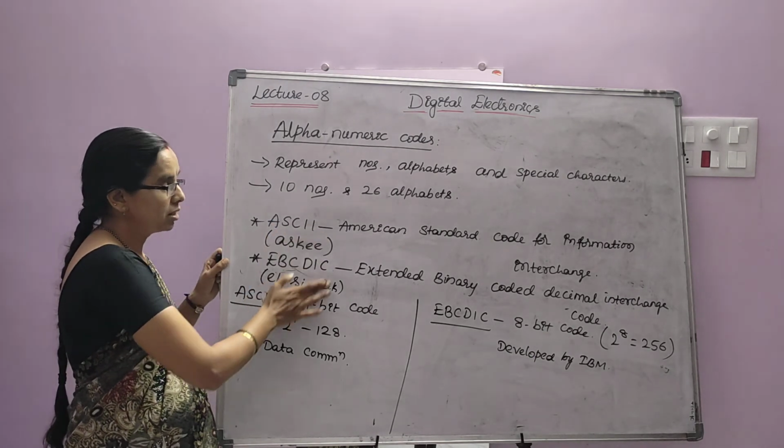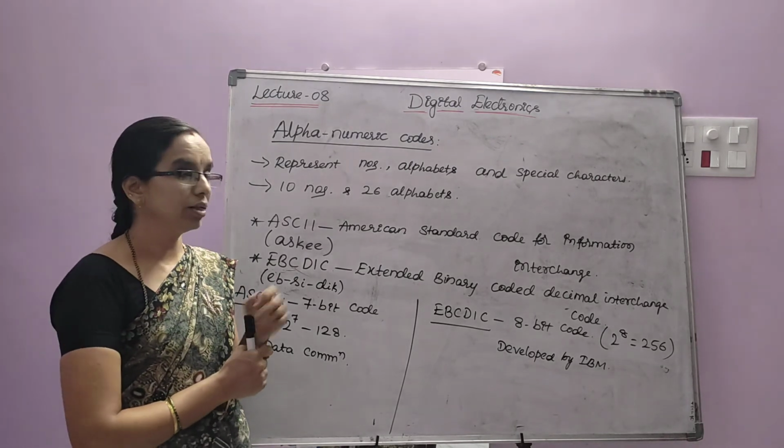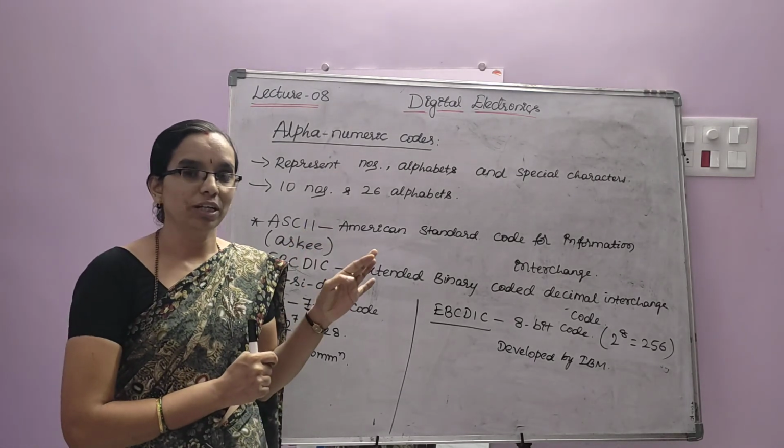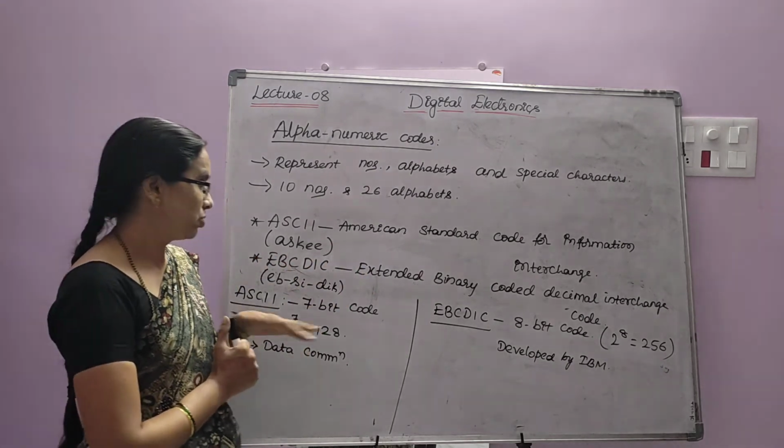Please remember this. The expansion will be asked in the examination for 1 mark. It has been asked so many times; either ASCII or EBCDIC will be asked for expansion.